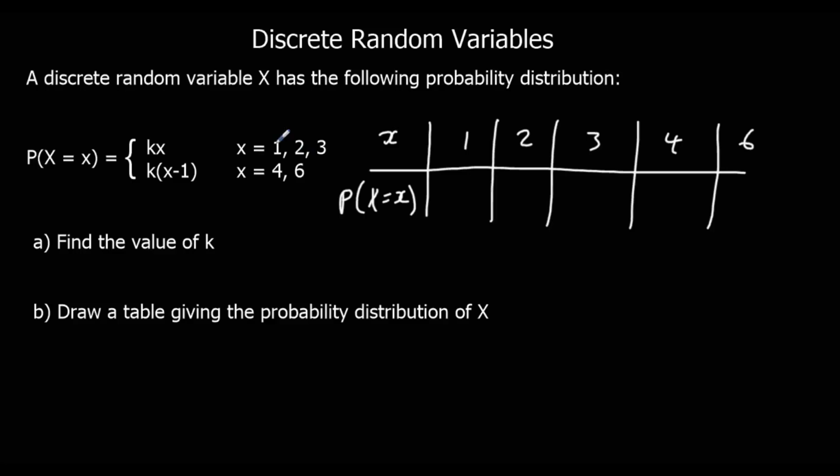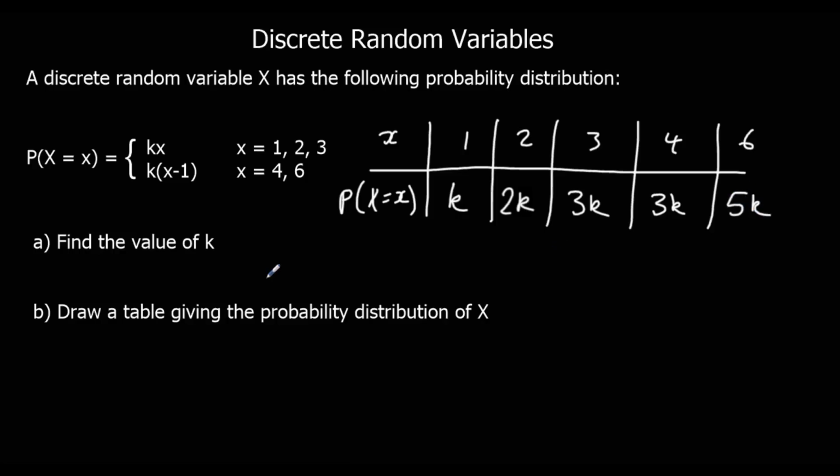So when x is 1, k times x is k. For when x is 2, k times x is 2k. For when x is 3, k times x is 3k. And for when x is 4, the probability is given by k times (x minus 1). So for when x is 4, that's 4 minus 1 is 3, so that's 3k. And for when x is 6, x minus 1 is 5, so it's 5k.